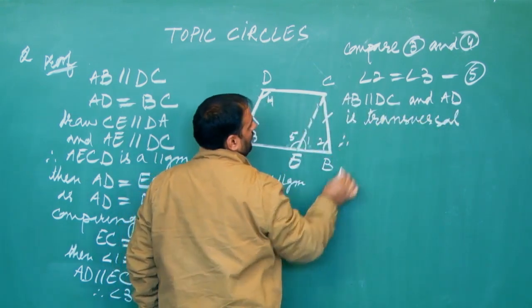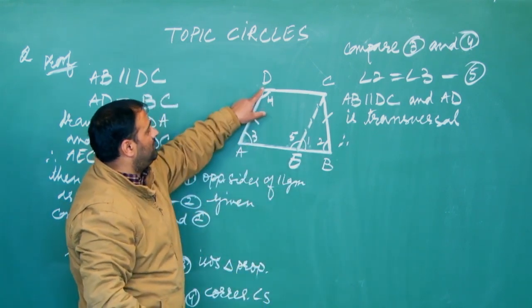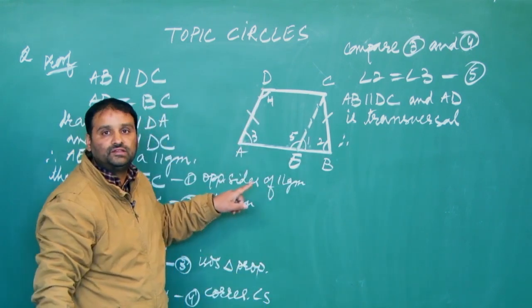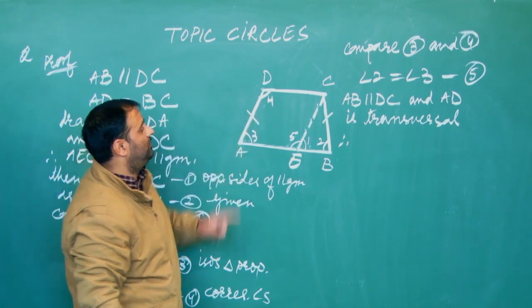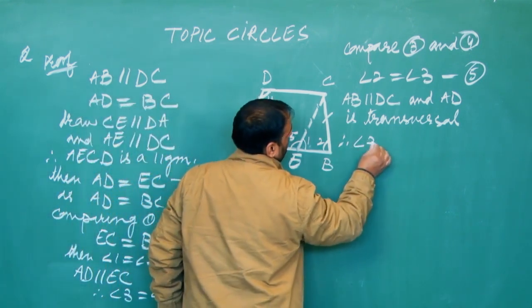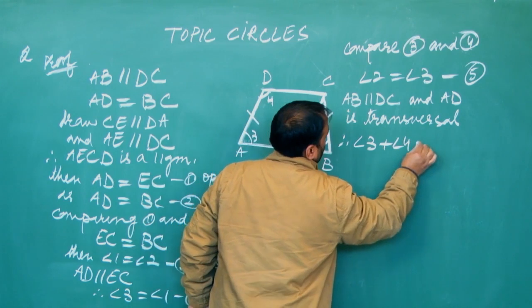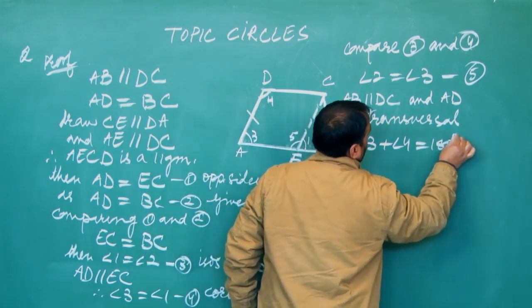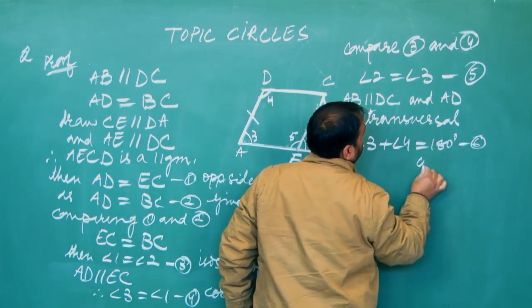Therefore, if AB is parallel to DC and AD is transversal, then angle 3 plus angle 4 is equal to 180. And the reason for that is co-interior angles.